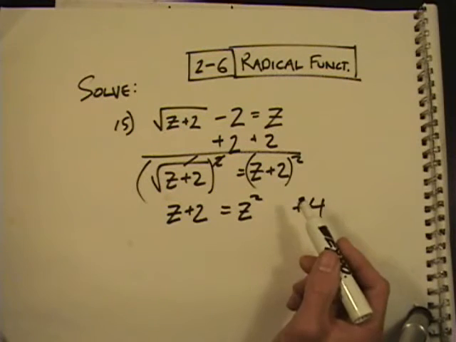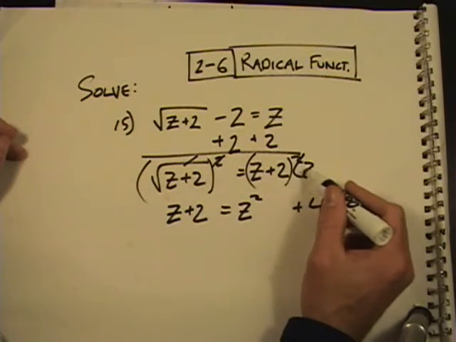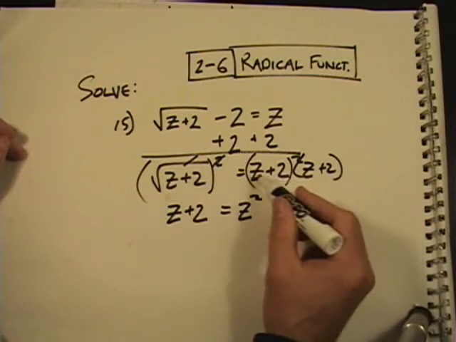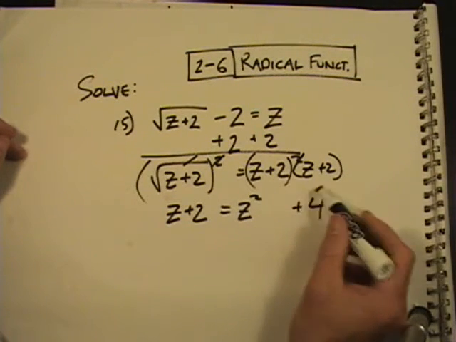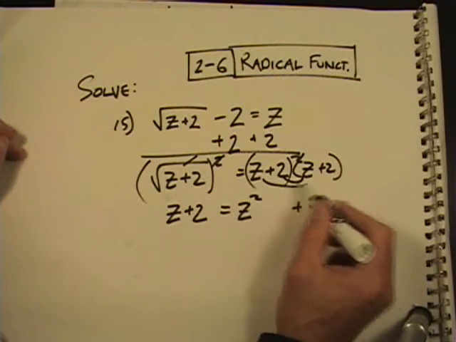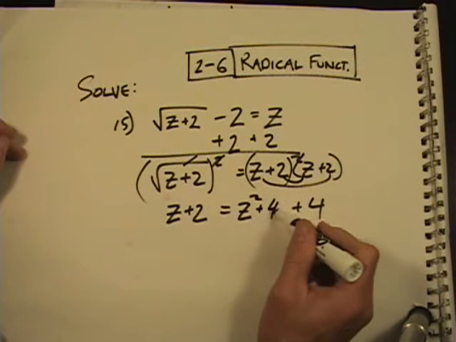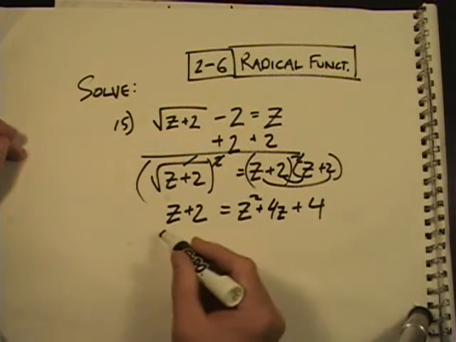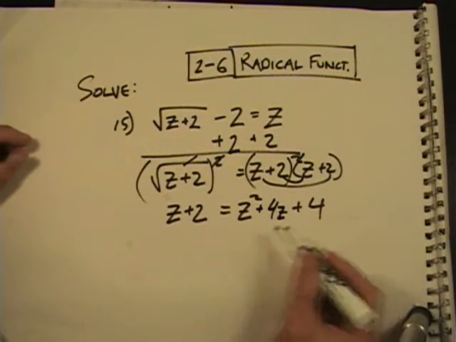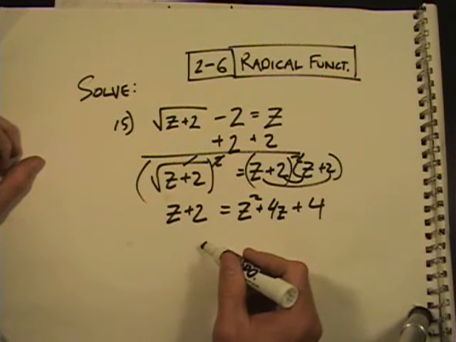I fooled you. It's actually got to be FOILed out. So if we write this z plus 2 times z plus 2 and we FOIL it, yes, we get z squared, and 2 times 2 is 4, but with the rainbow check, this time upside down, it's 2z, and 2z is plus 4z. Alright, so now I've got this quadratic. Always with quadratics, you set them equal to 0, so I'm going to shove this stuff over to the other side.